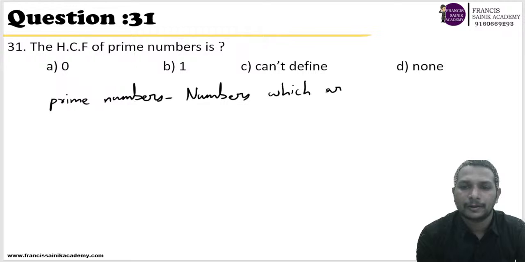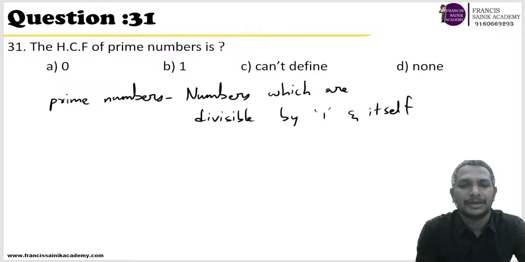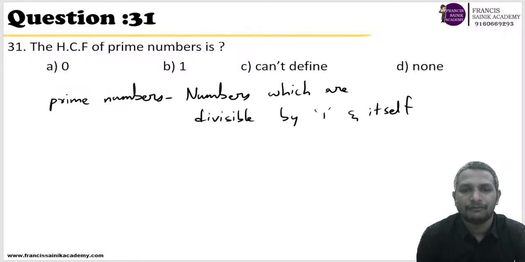They won't have any common factors other than 1. So the HCF of prime numbers is always 1.